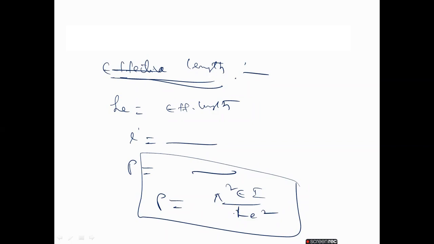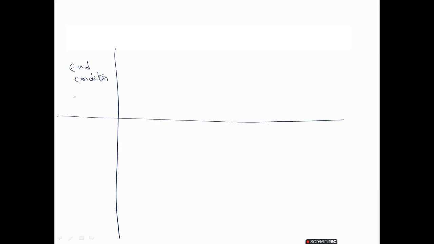And also I will write one table and formula. Please look into this one. This is the most important thing. The first one is end conditions. The first condition is both ends hinged.